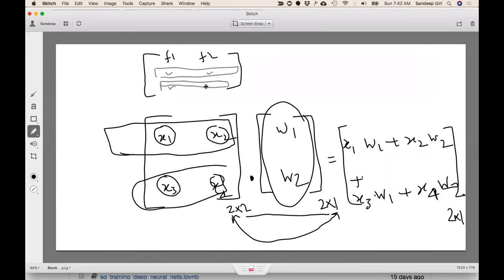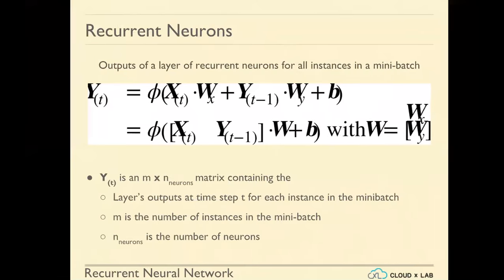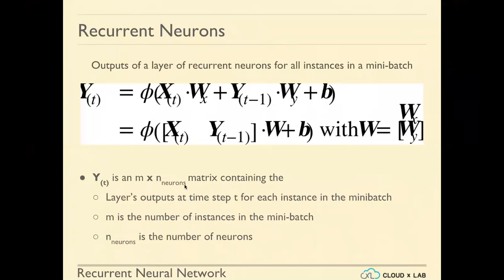Here this is called m and this is called n. So the total number of features in x are n inputs, and this is m. Generally, whatever input we have has many instances and many features or dimensions. In the case of MNIST, we make each pixel a feature, and so on.